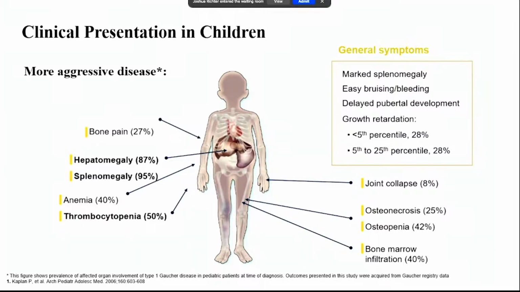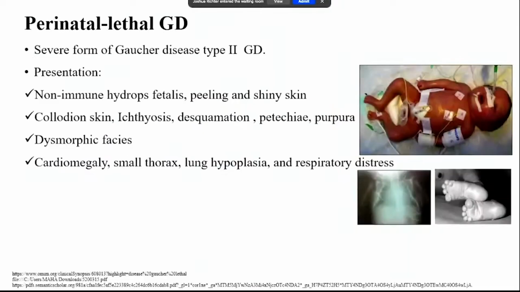Thrombocytopenia is common in 50% of patients, but they have fewer bone problems. They have joint collapse later on, osteonecrosis, osteopenia, and they may develop Erlenmeyer flask deformity later in adulthood.